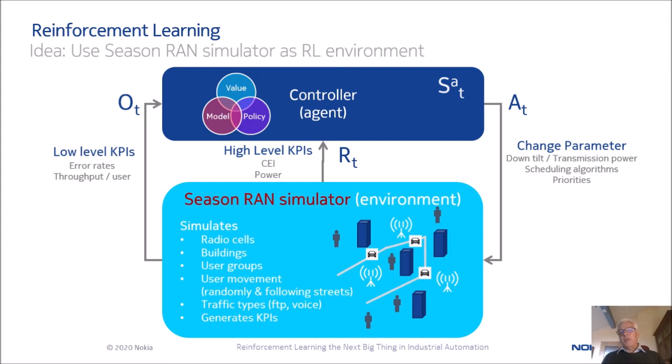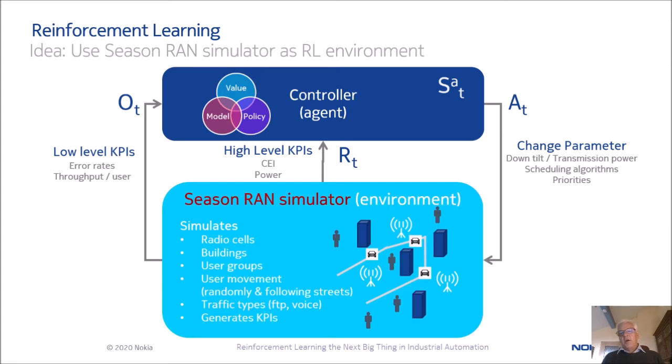They have a certain location, a transmission power, and a certain well-defined behavior. Between those radio stations, you have buildings which influence the coverage of the radio cells. You have user groups moving around between those cells, and these users are simulated smartphones with some random traffic. They might do FTP downloads, make a voice call, and do other activities in this network.